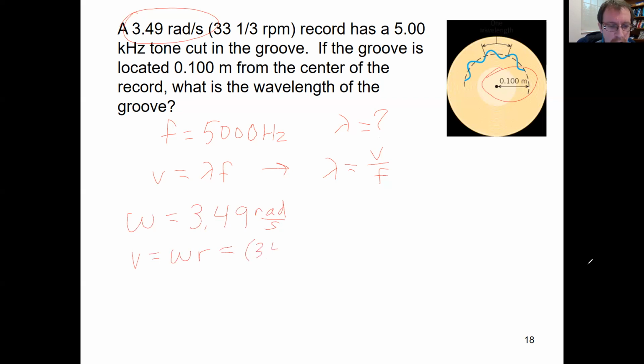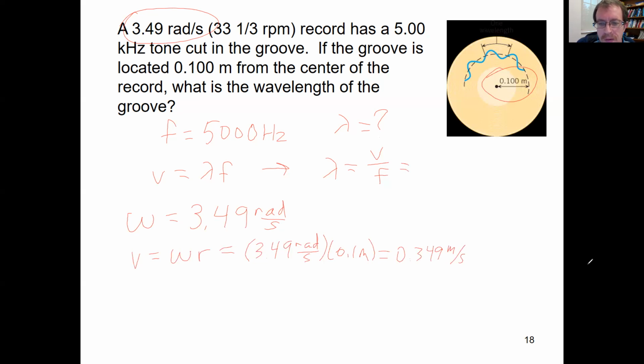So let's do the math here. 3.49 radians per second times 0.1 meters for radius gives me 0.349 meters per second.